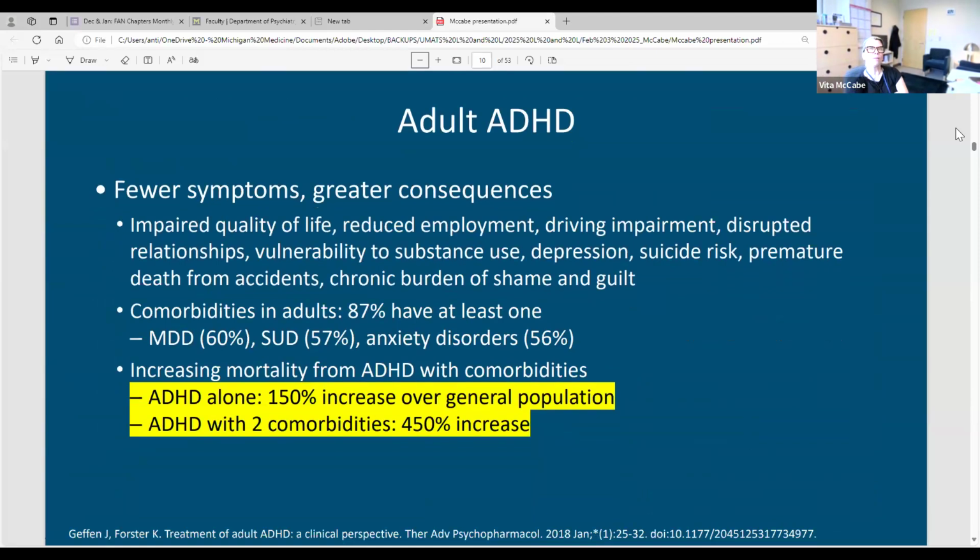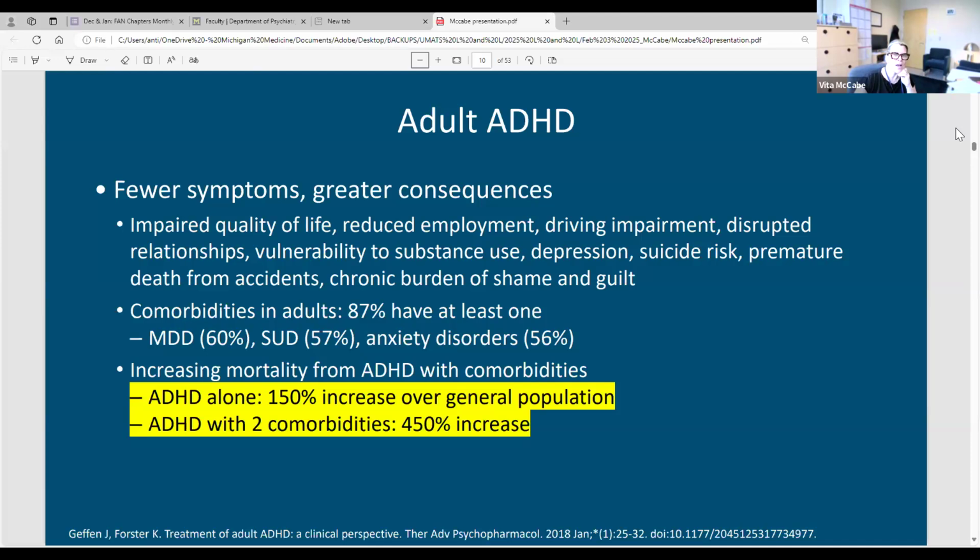So even though we may have fewer symptoms, there are often greater consequences in adult ADHD, and the impairment in quality of life, reduced employment, driving impairment, disrupted relationships. These are major issues. About 87% of adults will have comorbidity, 60% will have depression, substance use disorder in 57%, and we'll look at some of those studies.